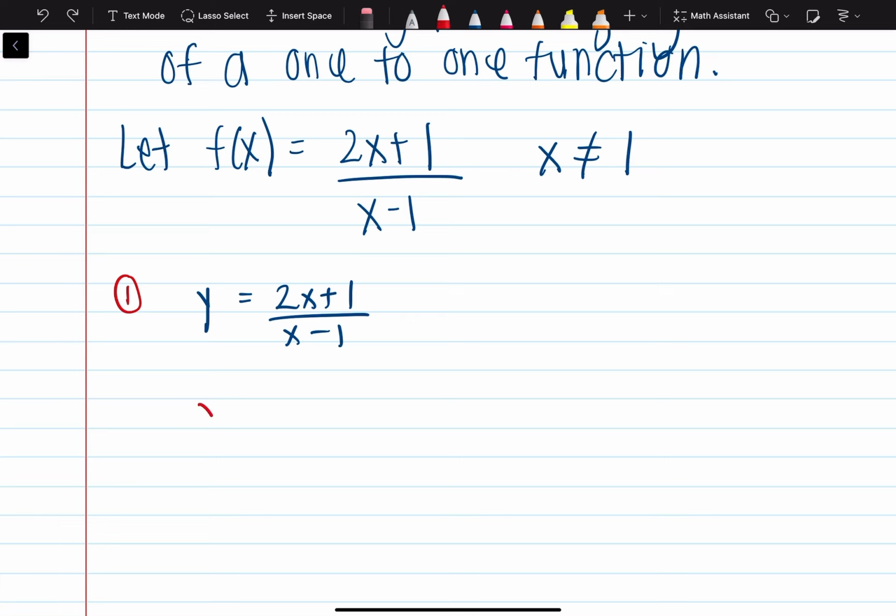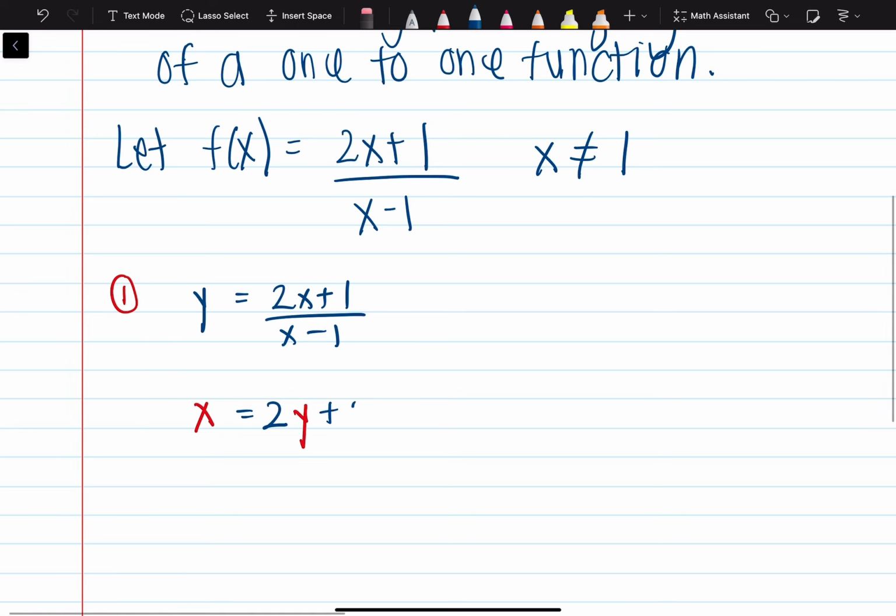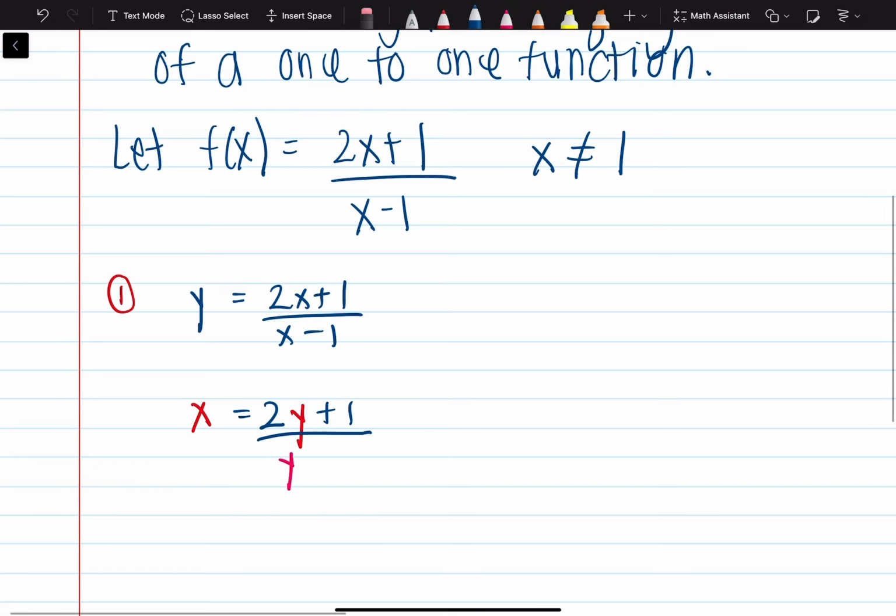That first y is going to change to an x equal to 2, that x is going to change to a y, and then that'll be a plus 1 over that x is going to turn to a y minus 1. Okay, so all I did right there was I interchanged, I swapped my x's and my y's.